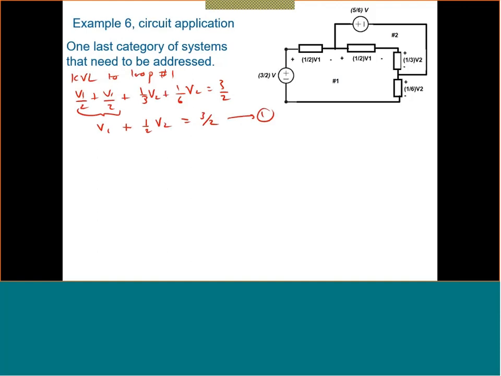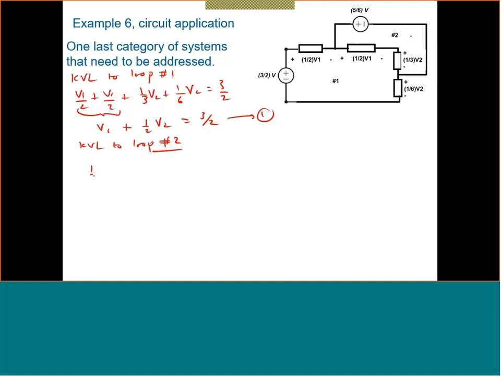I will take KVL to loop number 2. So we'll have 1/2 V1 plus 1/3 V2 equal to 5/6 volt.